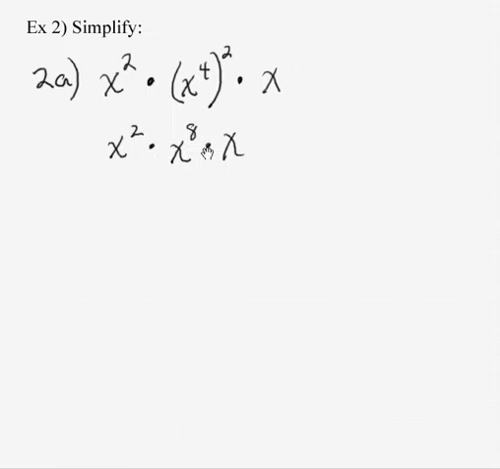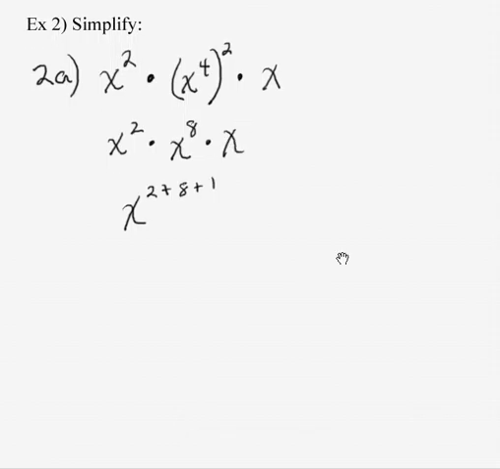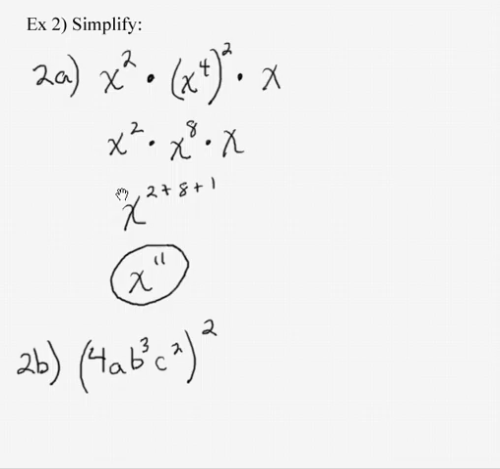Now we're multiplying. The bases are the same. We're going to keep the base. Do not change it. It's going to stay x. And we're going to add the exponents, the 2 plus the 8 plus the 1 that we didn't write down when we write x. It means x to the first. And simplifying that, 2 plus 8 is 10, plus 1 more is x to the 11th.